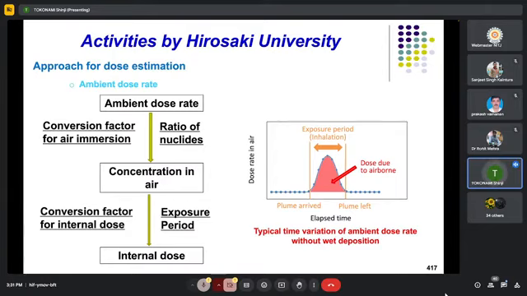This figure shows a typical time variation of ambient dose rate without wet deposition. This area is derived from the dose due to airborne radioactivity.